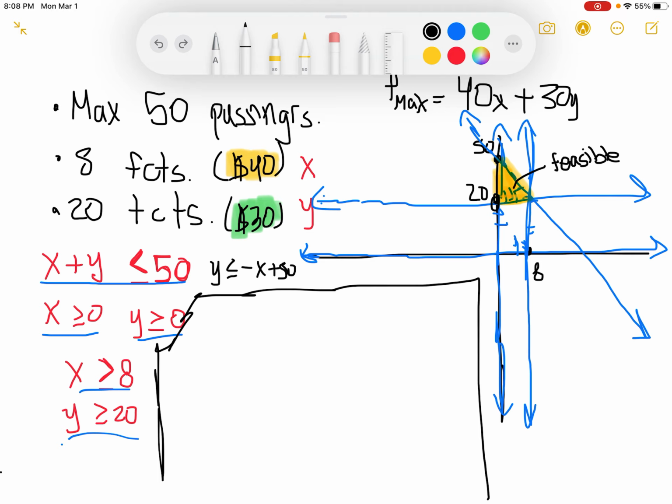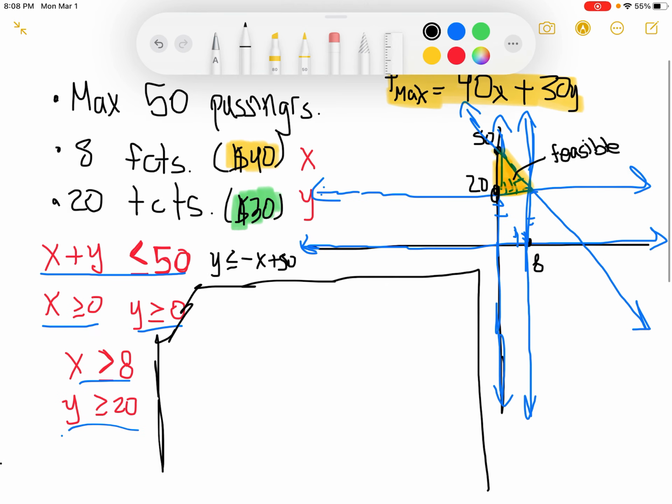So now, using this equation that we made earlier, we need to figure out what's the best possible situation. To first know that, we need to know the coordinates of each of the corners of the triangle.